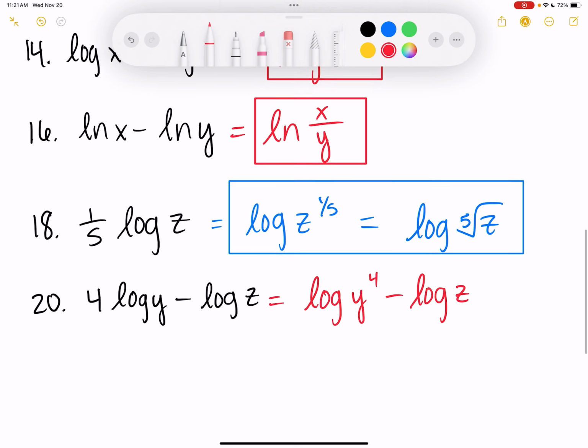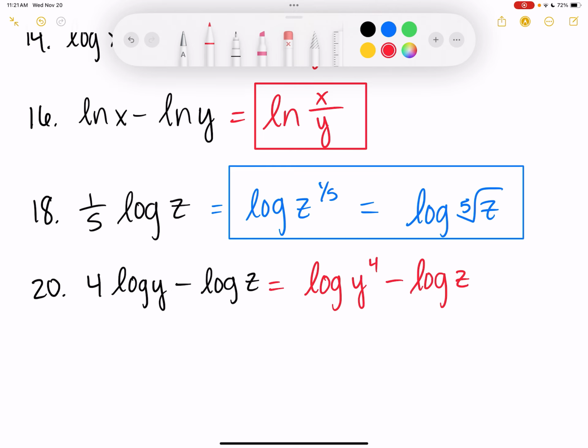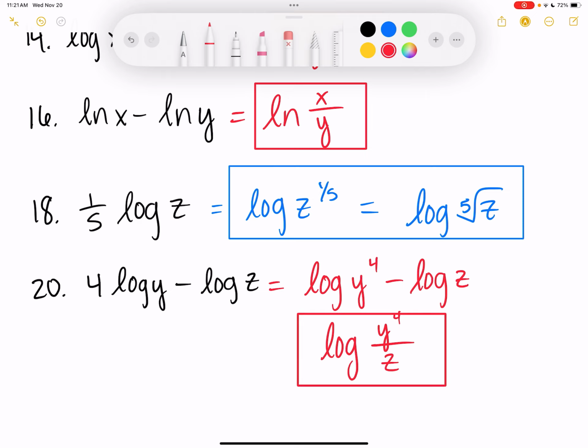Now what? Yep, so I'm going to have one single log of y to the 4th over z. Make sure I can read this 4 here. There we go.